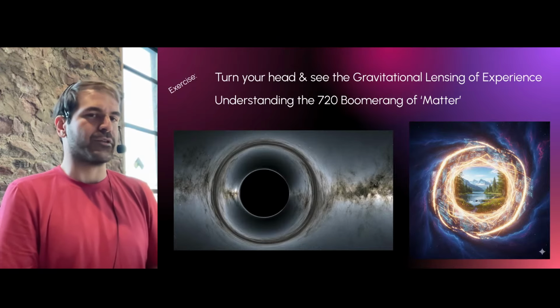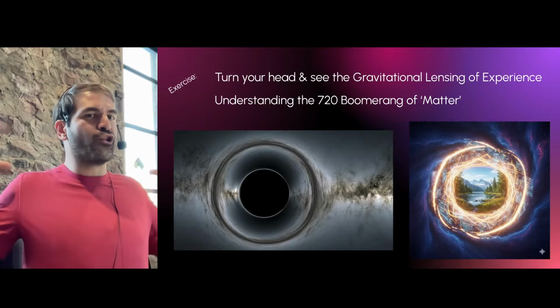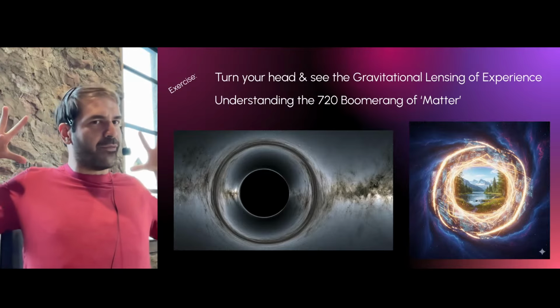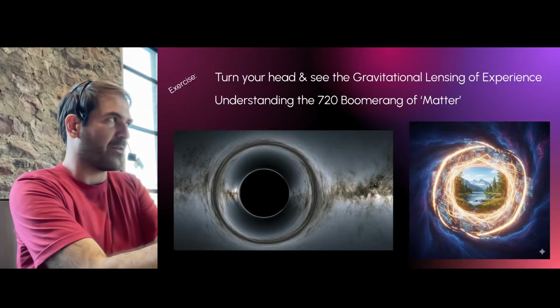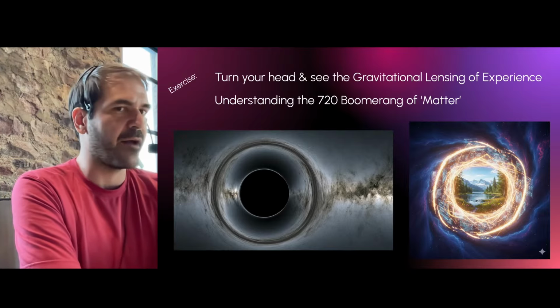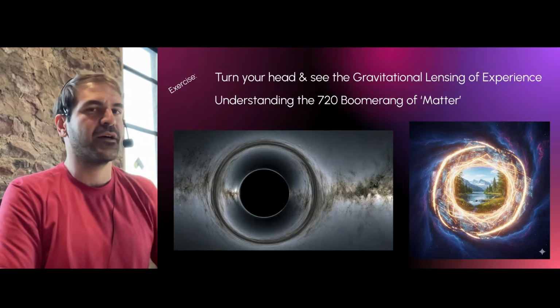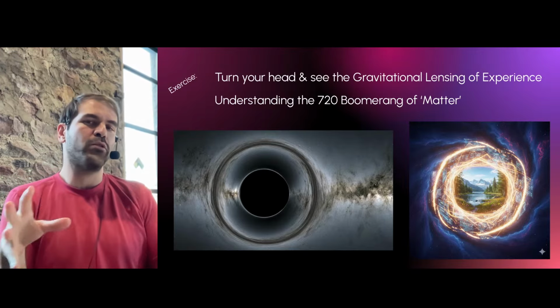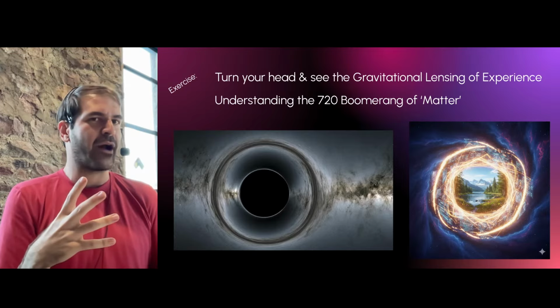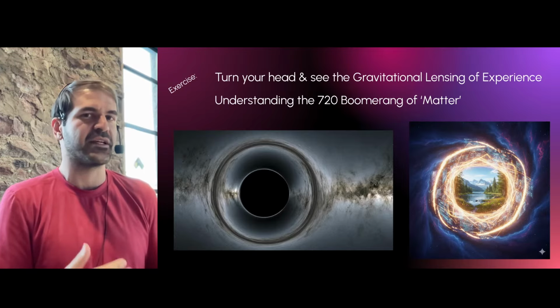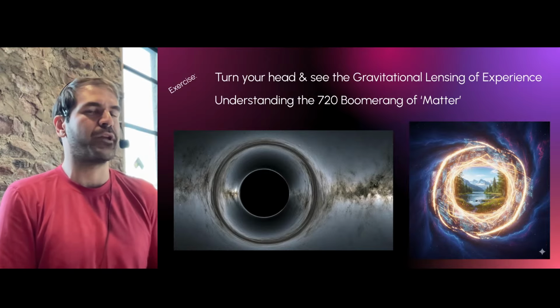And then the inverse of that is where that infinite potential is actually being rendered through your holographic headset into one timeline, one experience. So if you hold both of those things at the same time and try to turn your head and see that gravitational lensing of experience, you can also understand the 720 boomerang of matter.